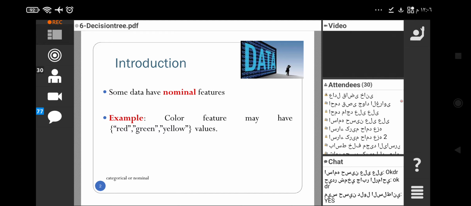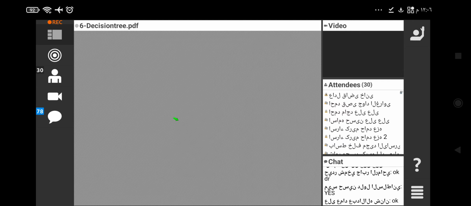For example, the color feature, the values for the color feature could be red, green, and yellow. These are string values. So we call this feature a nominal feature.